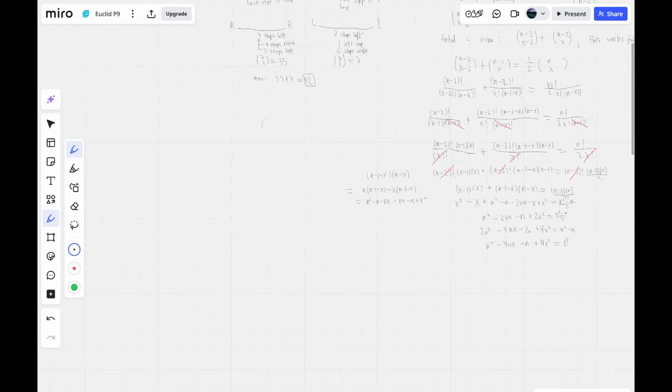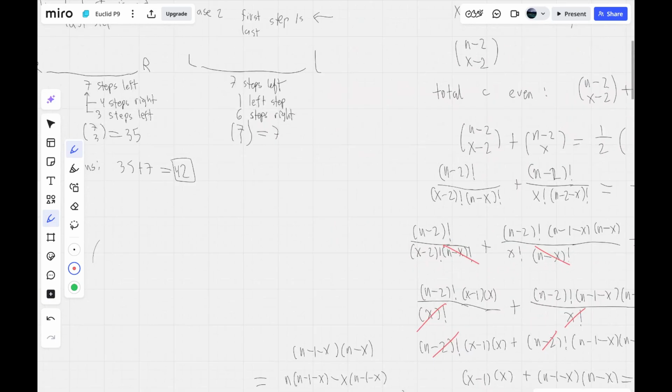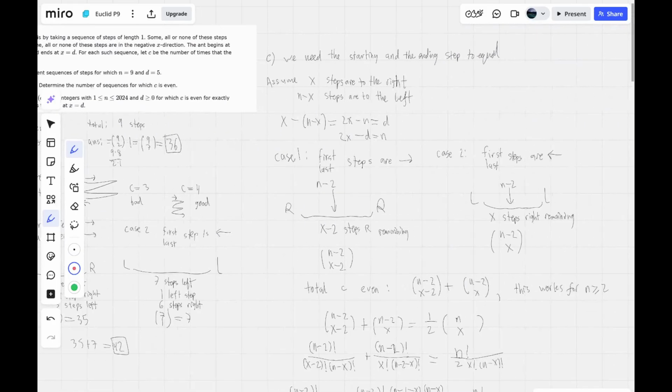So now notice that these three terms form a perfect square. And this is not just any perfect square.